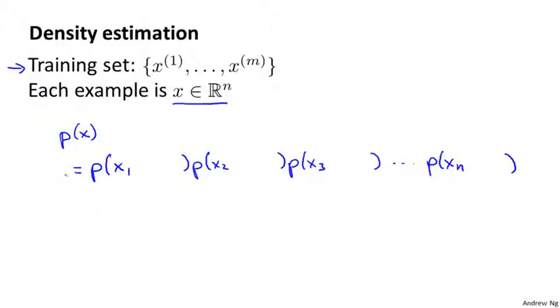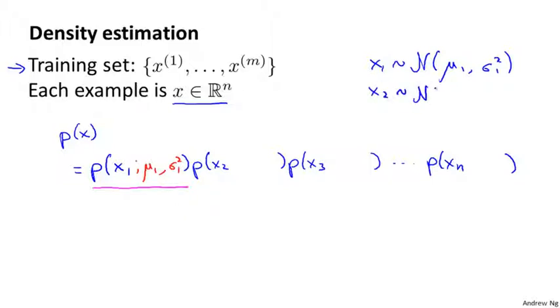So how do we model each of these terms, P of x1, P of x2, and so on? What we're going to do is assume that the feature x1 is distributed according to a Gaussian distribution with some mean, which I'm going to write as mu1, and some variance, which I'm going to write as sigma squared 1. And so P of x1 is going to be a Gaussian probability distribution with mean mu1 and variance sigma squared 1. And similarly, I'm going to assume that x2 is distributed Gaussian. That's what this little tilde stands for.